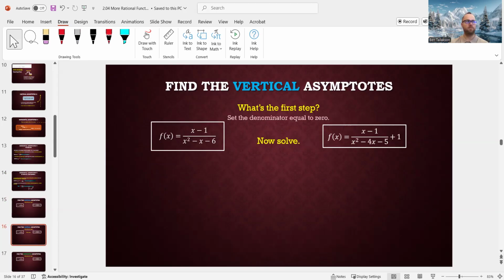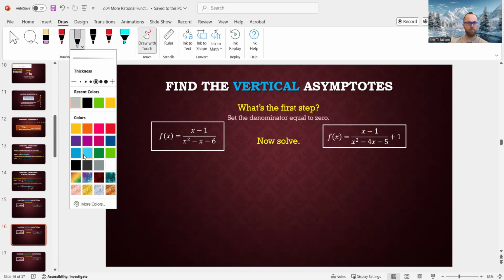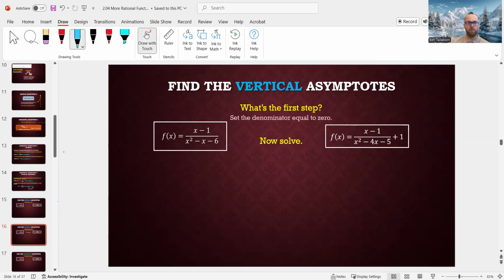Now solve. Giving you time to do just that. And now that you've had some time, let's do it together. Set the denominator equal to 0 and solve for x.